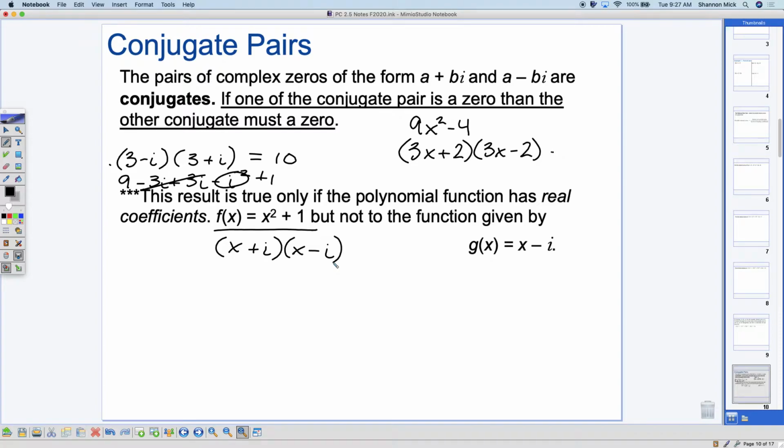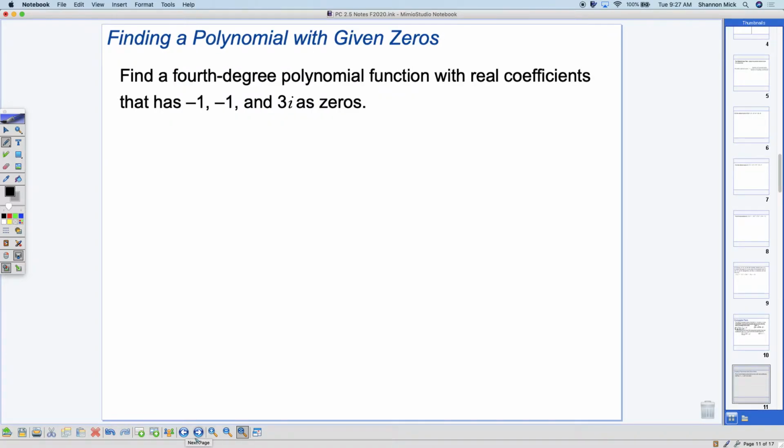Now what this is going to do for me is allow me to use synthetic division in an easier way. I can do synthetic division with negative i and positive i, but it's a lot easier just to multiply it out and maybe use long division rather than synthetic division. Okay? So this would be a great review for long division.